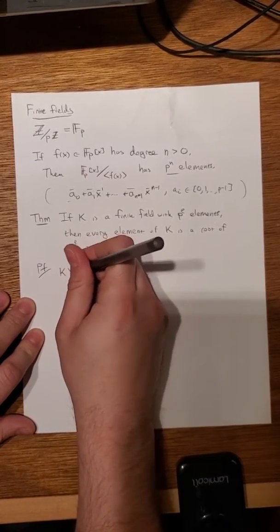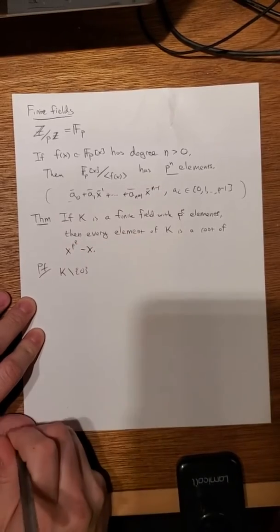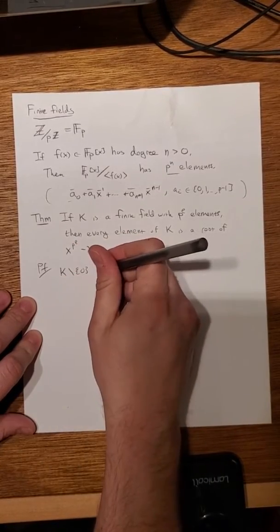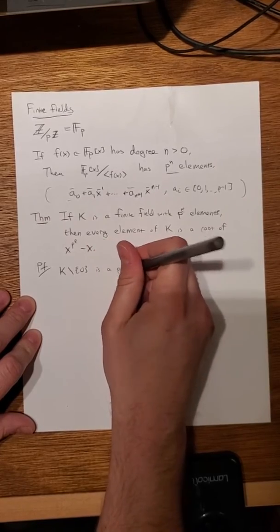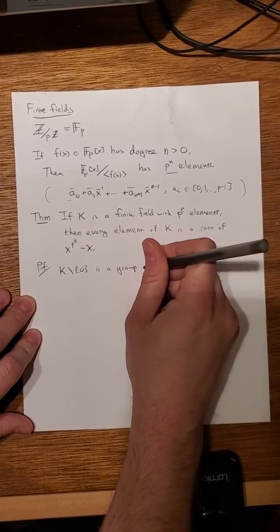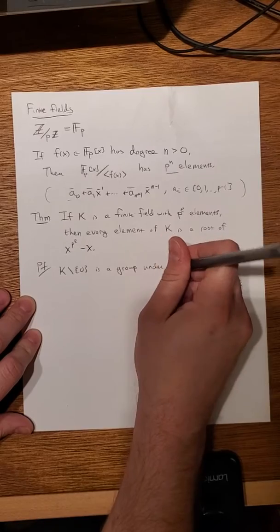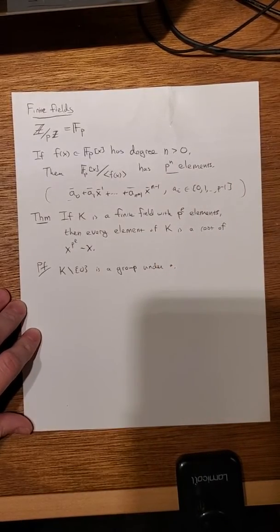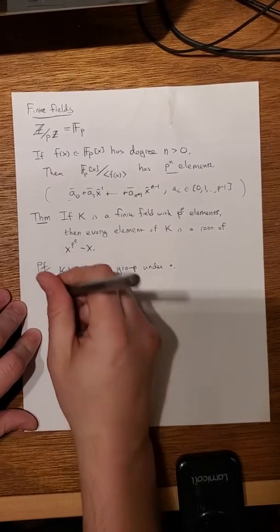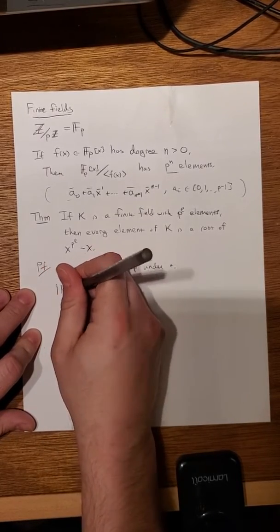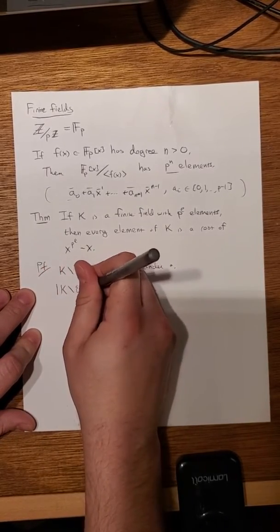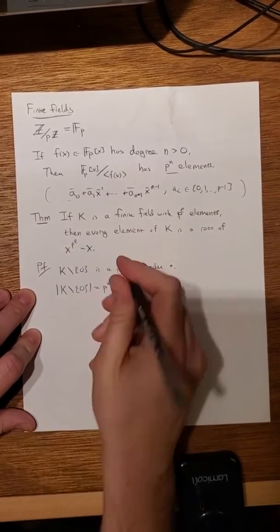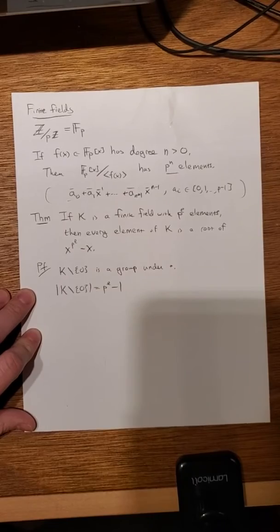K minus 0, because K is a field, we have inverses. So this K minus 0 is a group, in fact, an abelian group, under multiplication. The order of this abelian group is, well, p to the e elements of K, we took away 0, so p to the e minus 1.